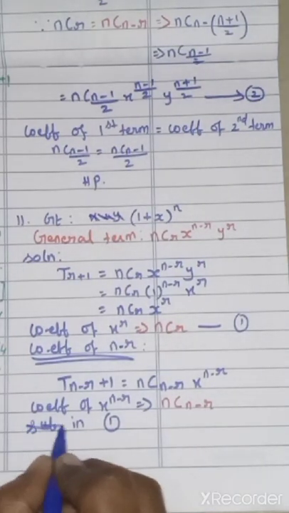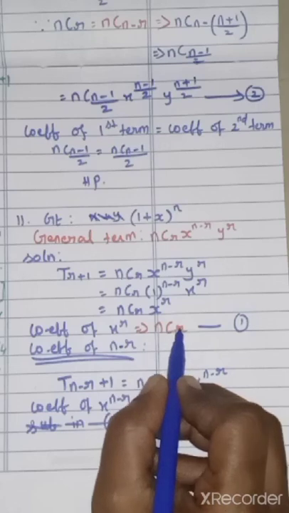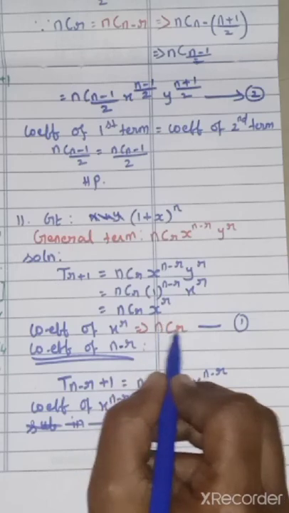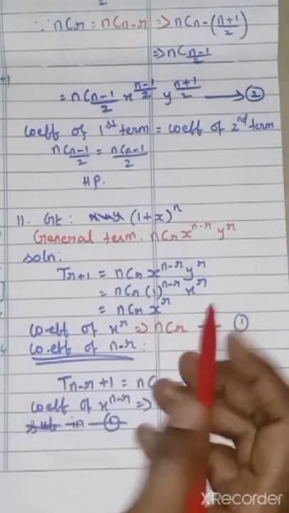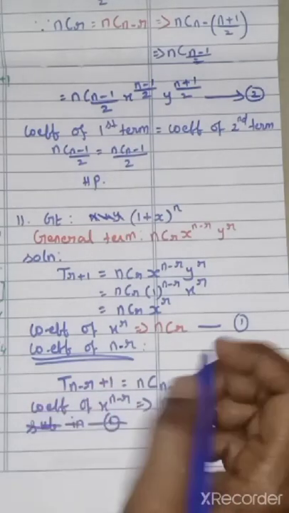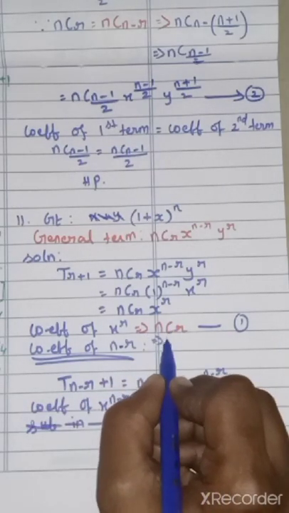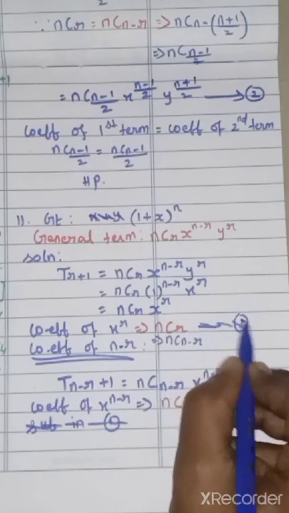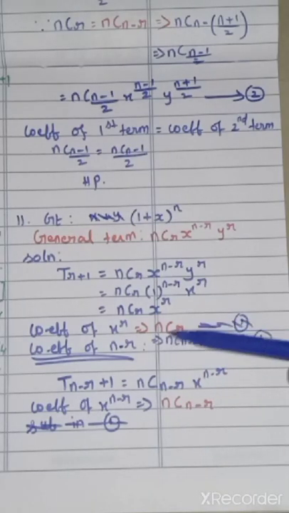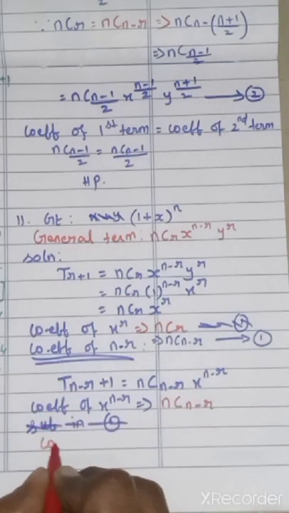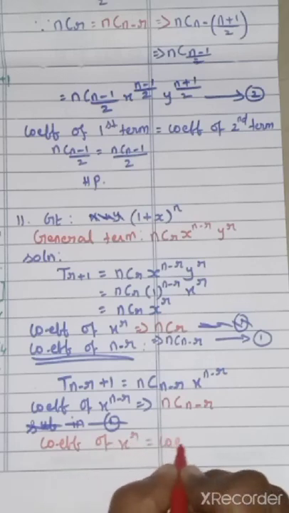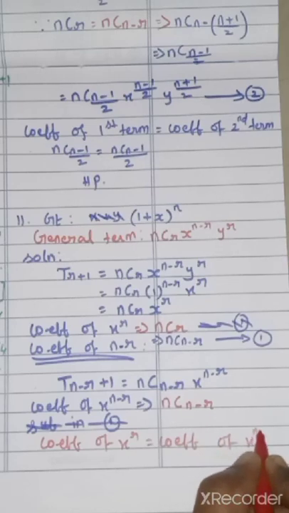Now look here, we are getting nCr. So we can use the property that nCr is equal to nC(n minus r). This is a property, right? So we can write this as nC(n minus r), and take this as equation number 1. Now look here, nC(n minus r) and nC(n minus r), correct? That is, the coefficient of x power r is equal to the coefficient of x power n minus r.